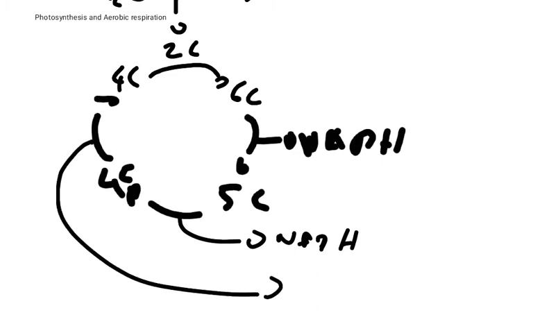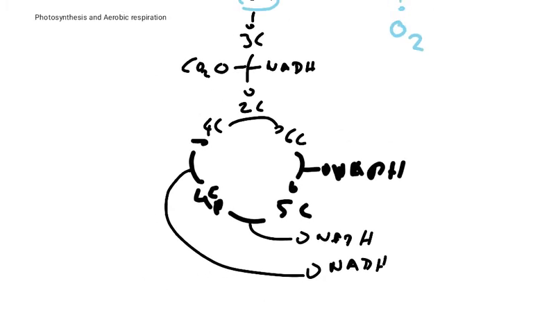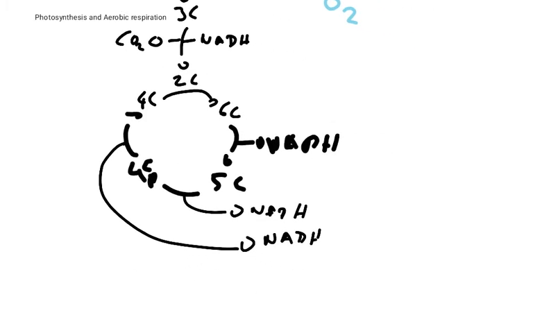And there's another one here, and there's an FAD, we're going to ignore that for a minute. Also, we've produced a carbon dioxide here, we're going to lose a carbon dioxide here, and a carbon dioxide here. So our 3 carbons in the pyruvate have been decarboxylated, decarboxylated, and decarboxylated.